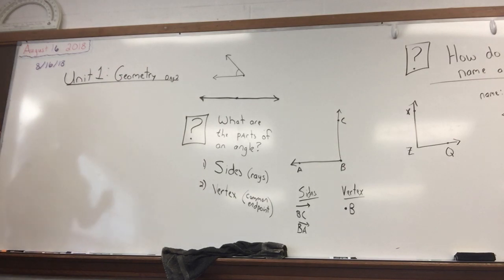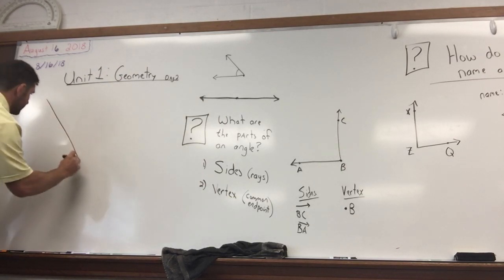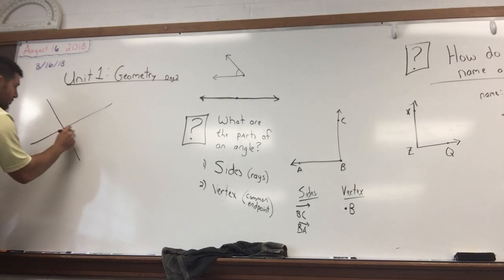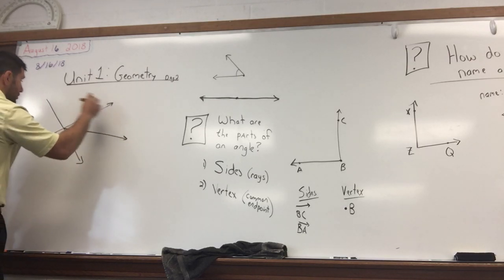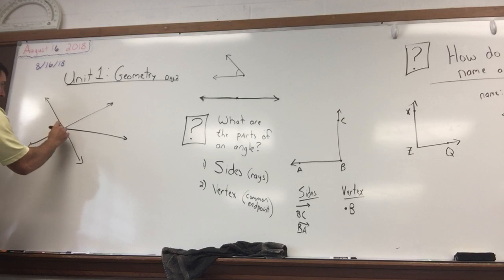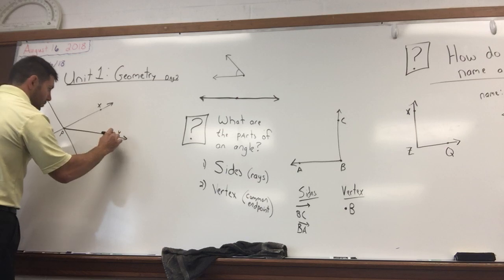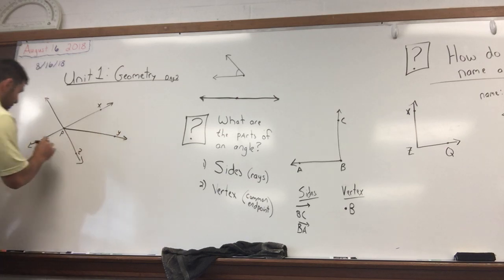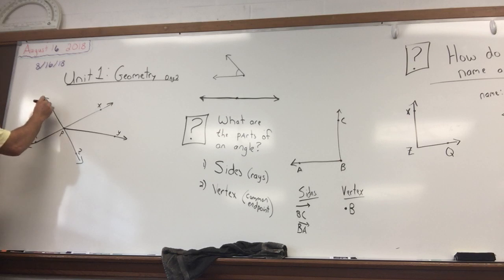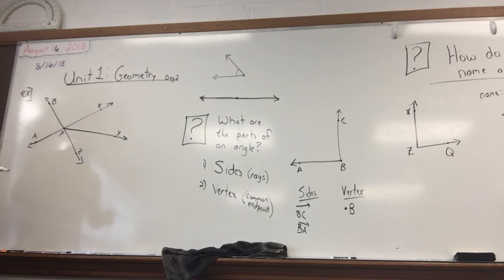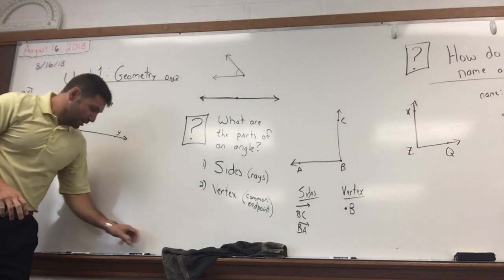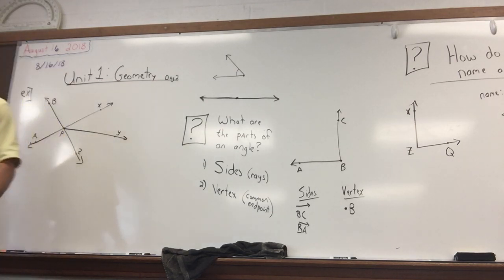What happens if there's multiple angles? Okay, now, since you're doing this in your notes and you don't have colored pencils, you're going to draw a squiggly line. I'm going to draw this in purple.